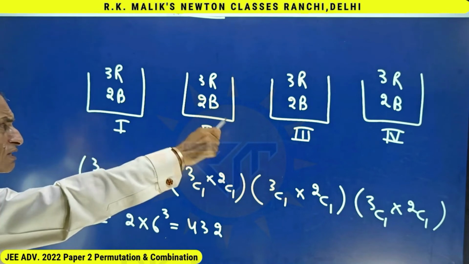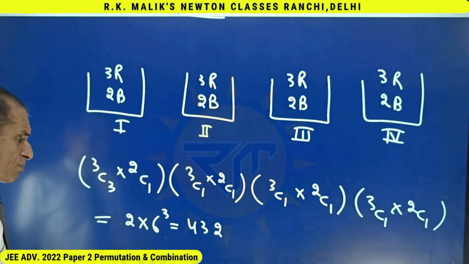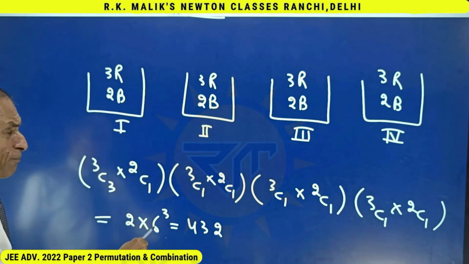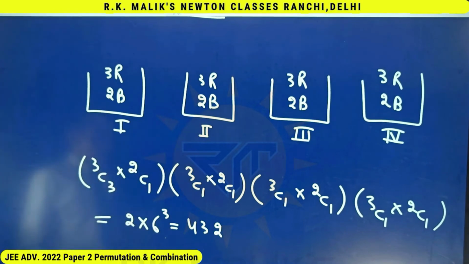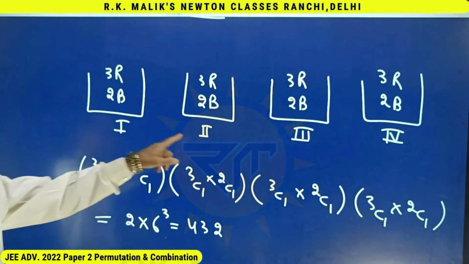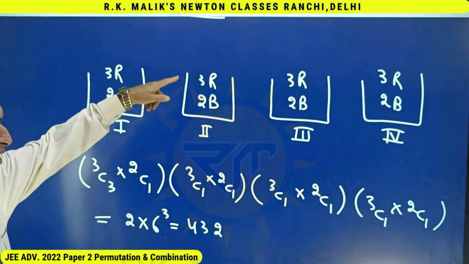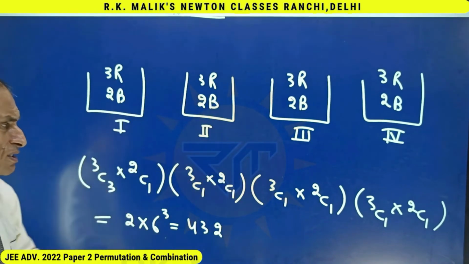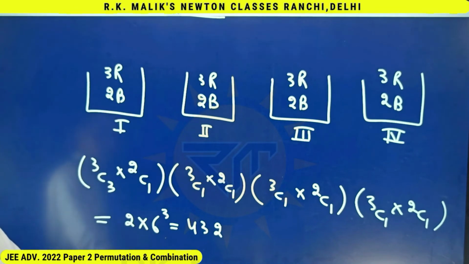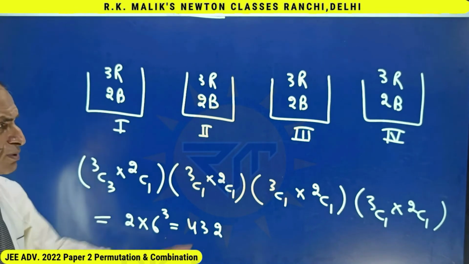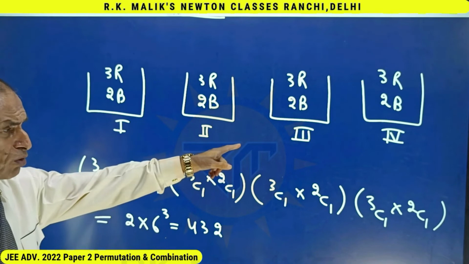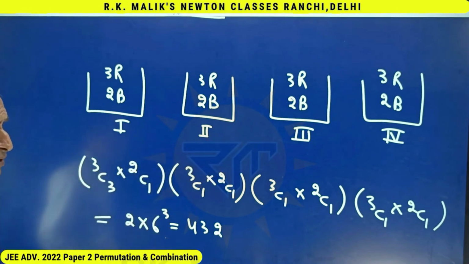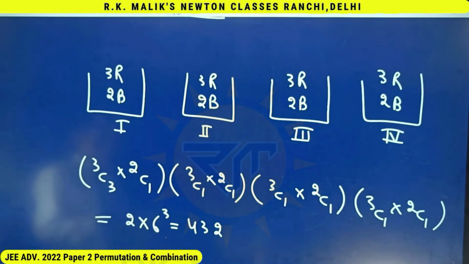Other 3 boxes give 1 red and 1 blue ball. But the same thing can happen with second box also. That is, second box gives 3 red and 1 blue ball. Other 3 boxes give 1 red and 1 blue ball each. And same thing can happen with third box also. Same thing can happen with fourth box also.